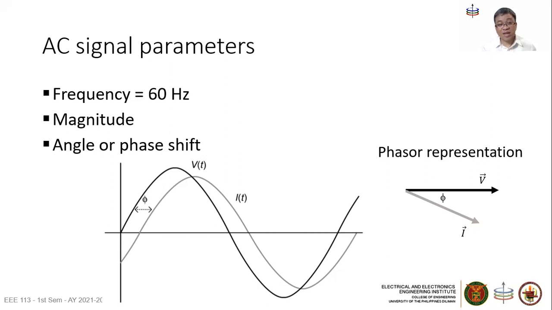In this case, we say that the current lags the voltage by angle phi. You can imagine that these phasors are rotating in the counterclockwise direction. So this V is ahead of this current by angle phi there. Both of them are spinning at the same frequency, 60 Hertz.